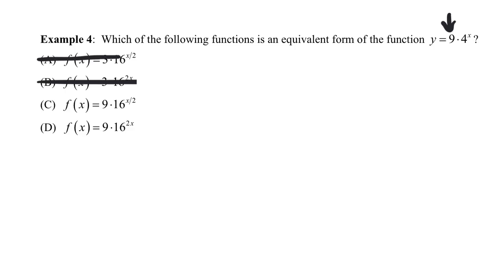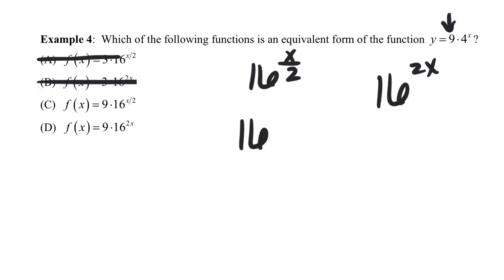So now I'm looking at 16 to the x divided by 2 and 16 times 2x. I'm looking at which one of these would essentially give me a 4 to the x. If I separated these out, this would be 16 times 1/2, or 16 to the 1/2 times x. This would be 16 squared times x.